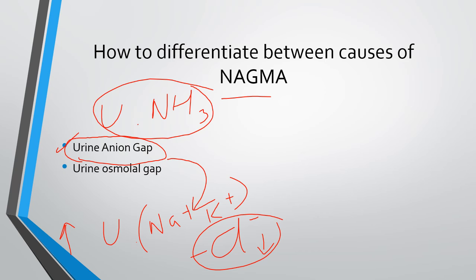Okay? One more thing is the urine osmolar gap. I don't want to go into too much detail, but you should just remember that the osmolar gap is the difference between measured osmolality and calculated osmolality. I will explain this later in another video, but basically what you should remember is that osmolality in the urine is measured.